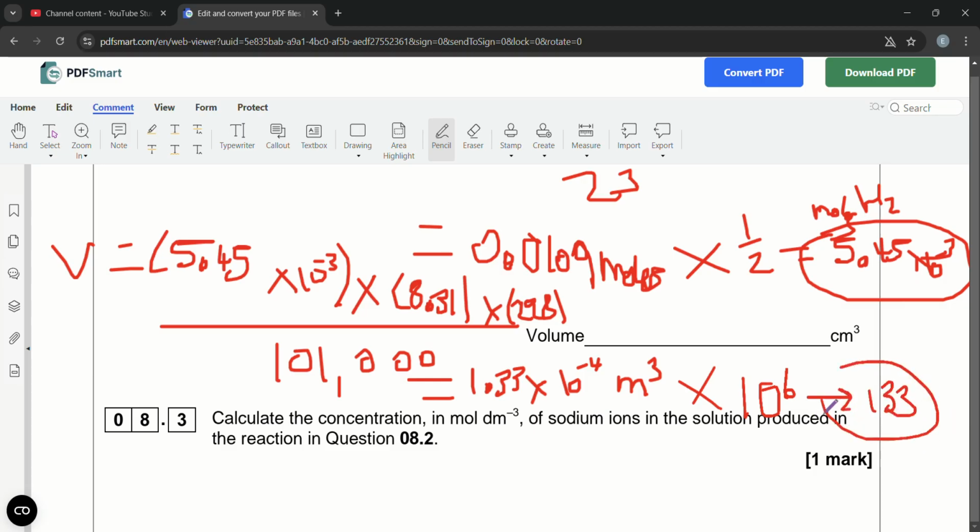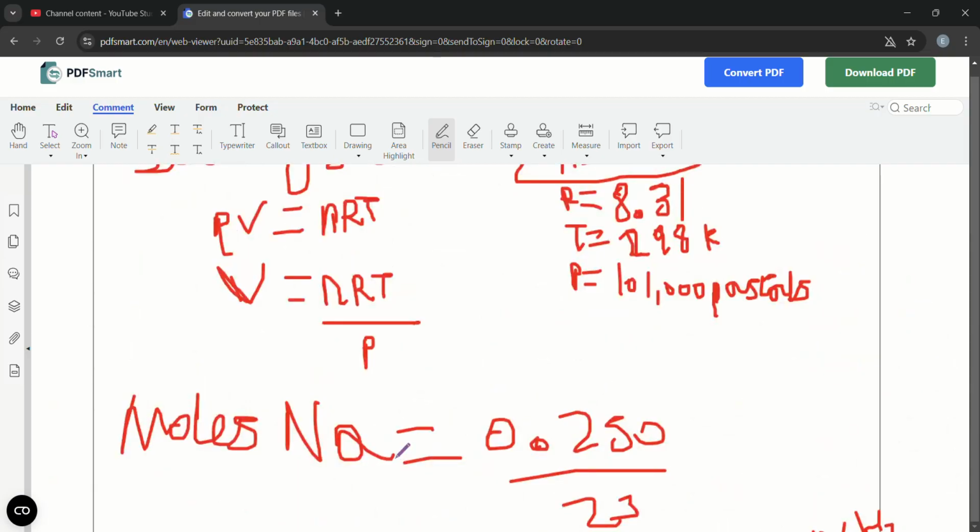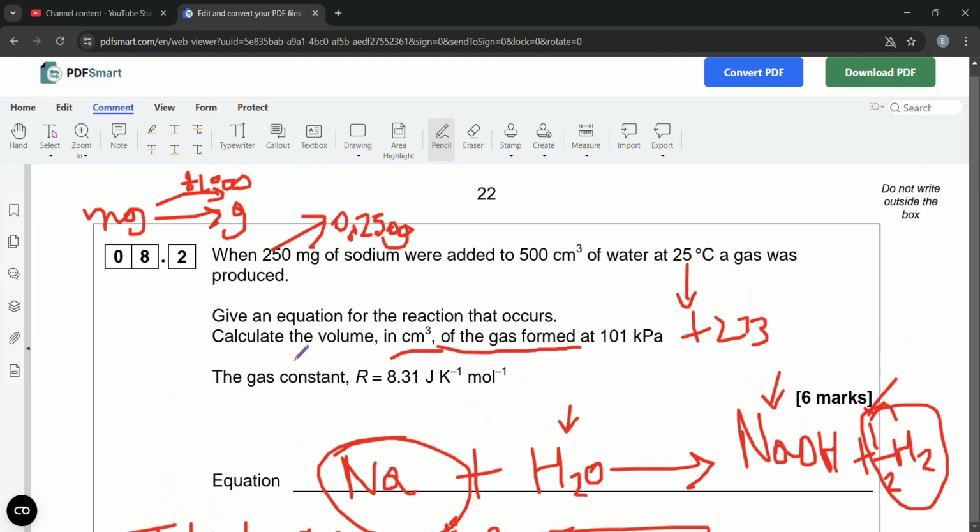133 as a volume. So really important, your units are half the marks of this question, basically 2 marks already, I'd say. And if you don't get it right, you're not going to get a correct answer, you're going to lose marks.